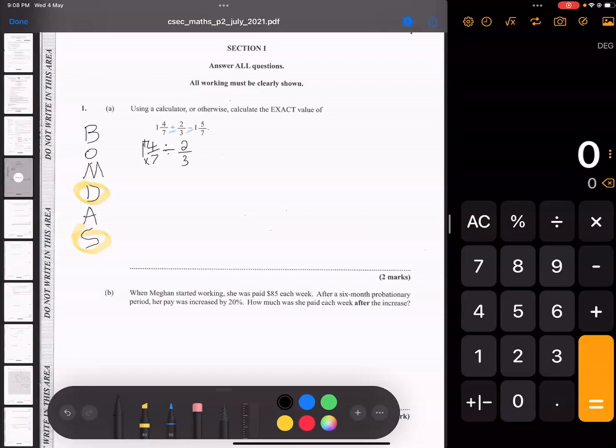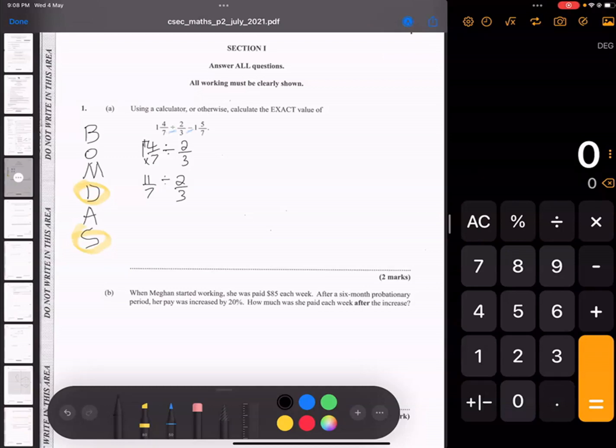So 7 times 1 gives us 7, plus 4 gives us 11. So we'll have 11 over 7 divided by 2 over 3.